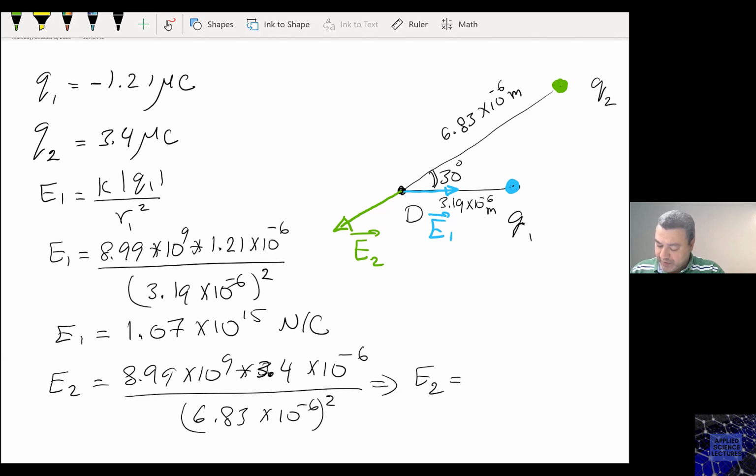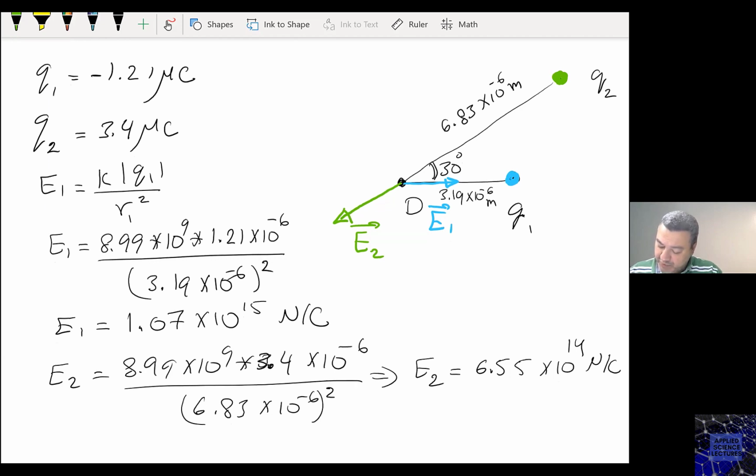E2 is 6.55 times 10 to the power 14 Newtons per Coulomb. So I have now E1 and I have E2.